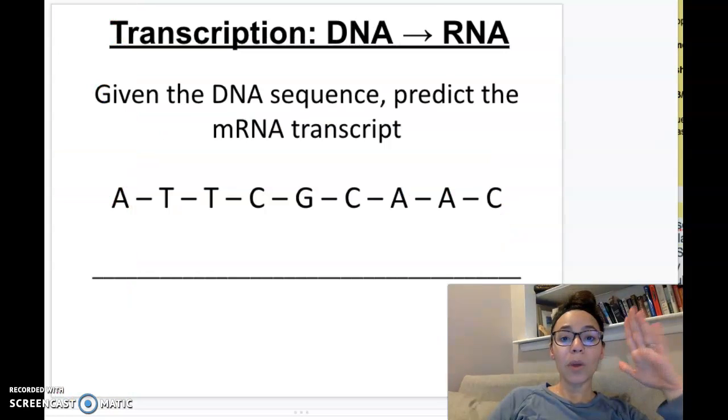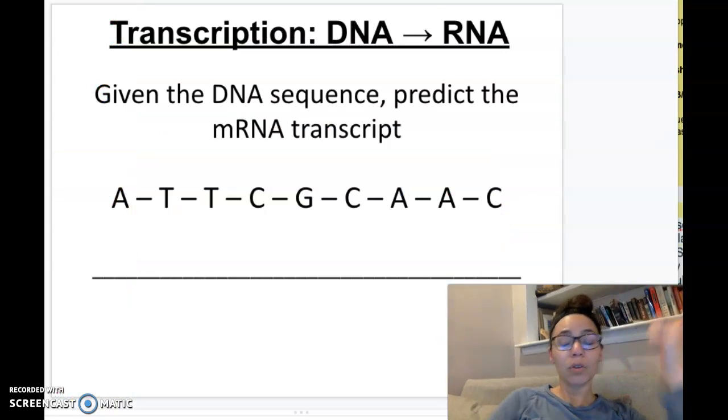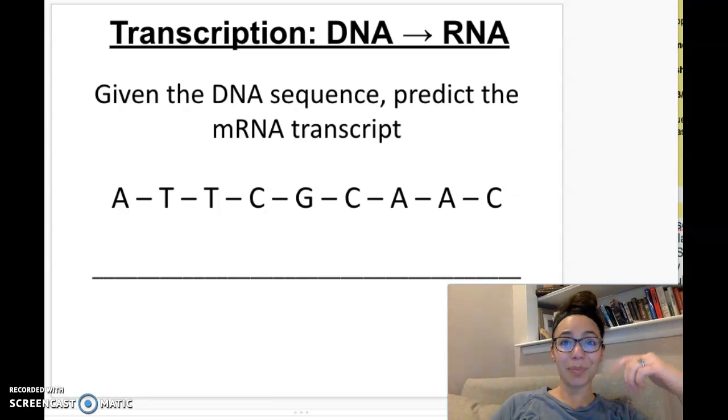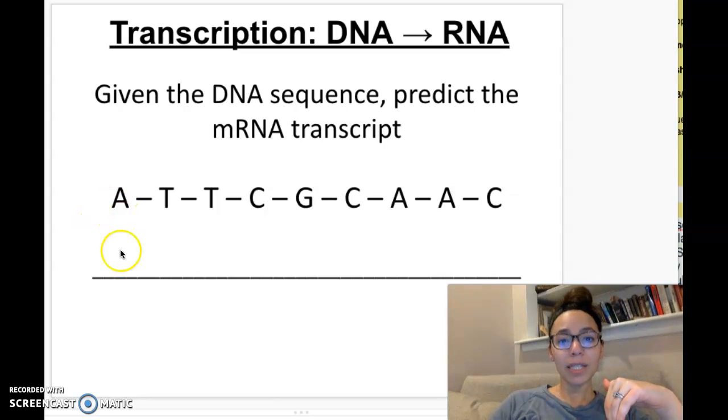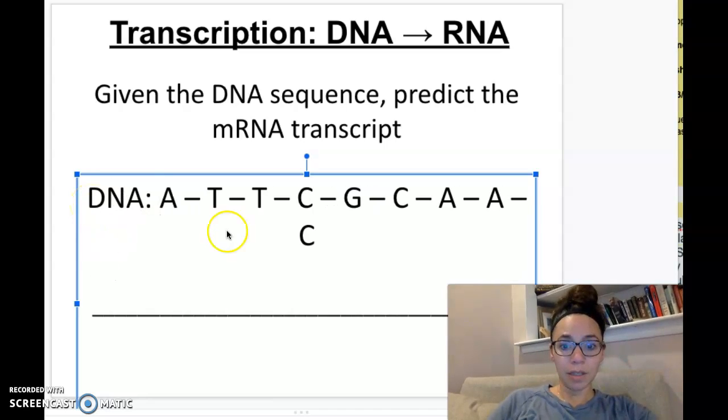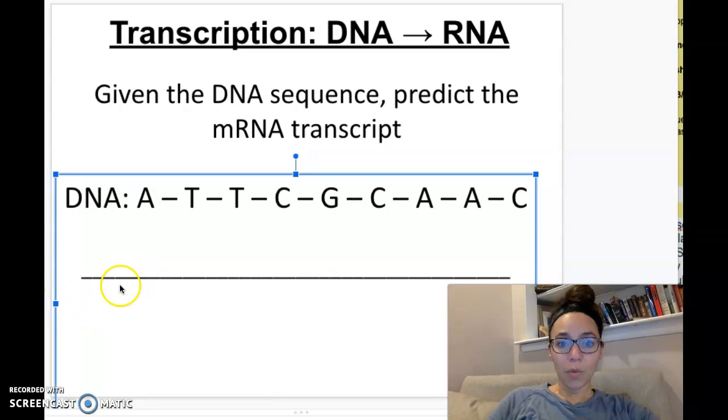Okay, so when this happens, I told you RNA has the same bases as DNA except U instead of a T. So when the sequence gets copied into RNA, this is DNA. If this is DNA, let's think about what the RNA will be.